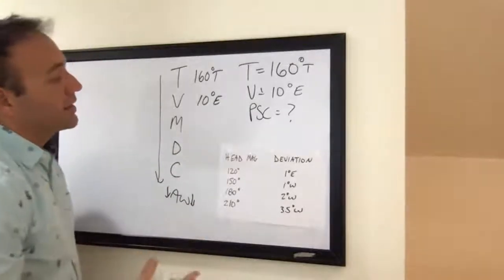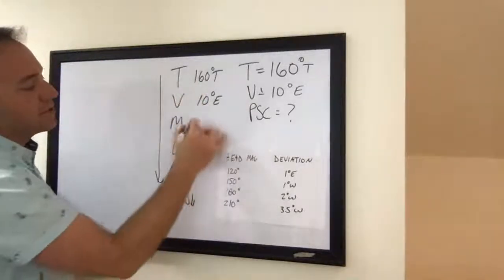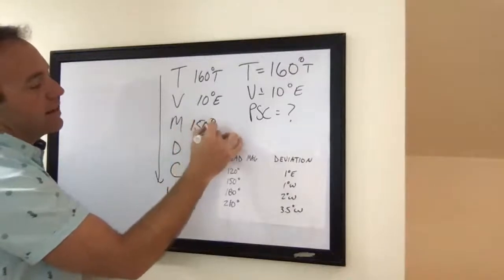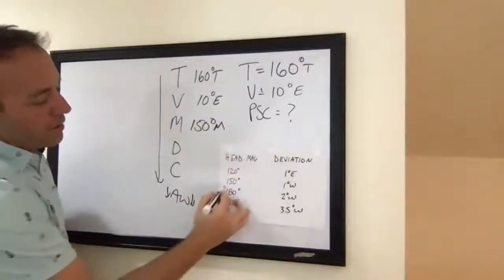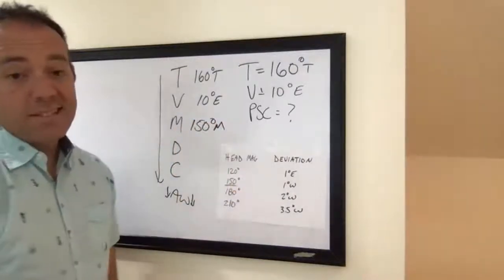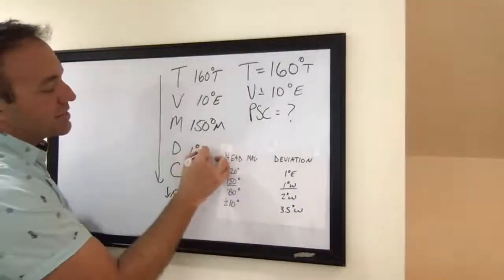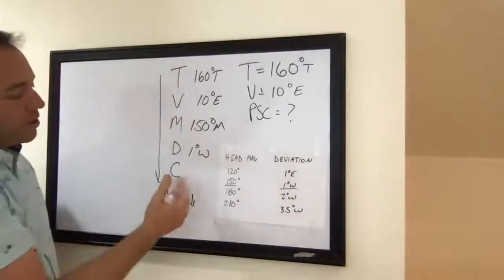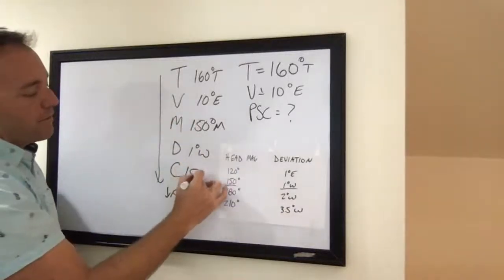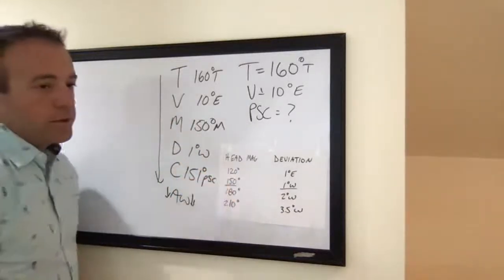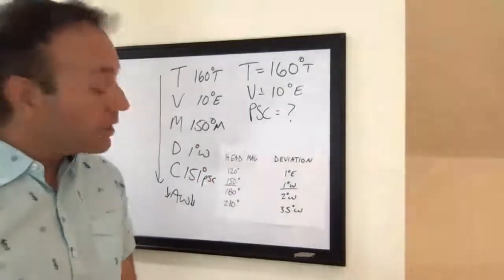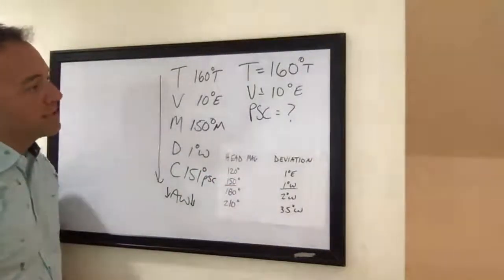We're going to subtract that because it's an easterly value. So the magnetic heading is 150. Look at that, 150 is listed right on the deviation table. So the deviation is 1 degree west. And therefore, our compass course is going to be 151 degrees PSC, per standard magnetic compass, per steering compass, different words they can give you in there.